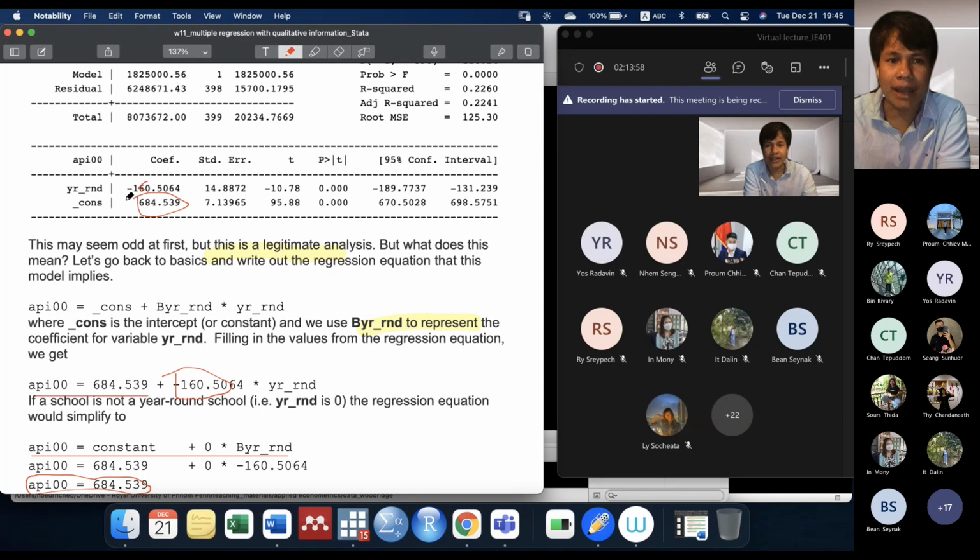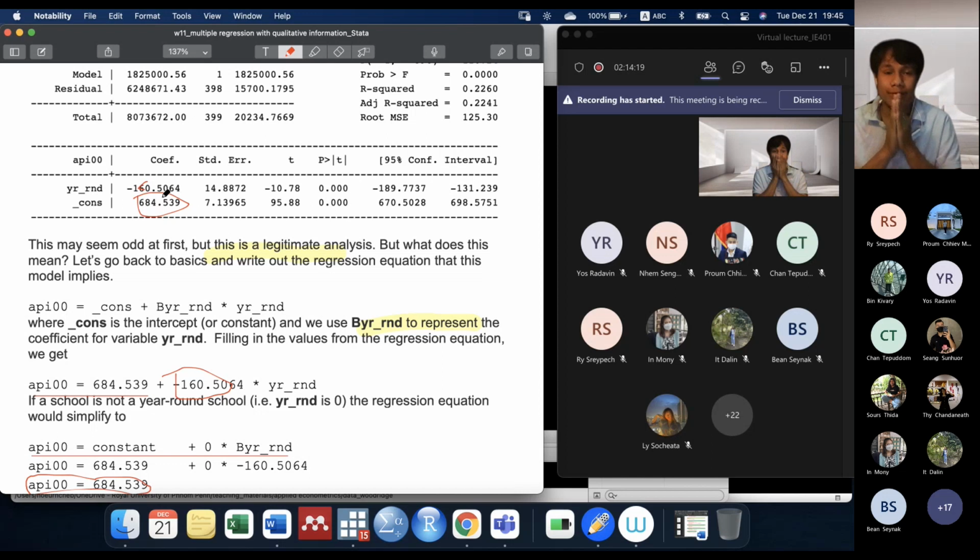The difference is about 160 score, meaning that year round schools on average obtain 160 score lower than non-year round schools, right? Are you following me? Are you following the interpretations?